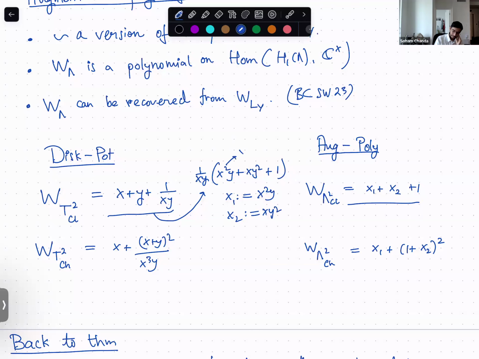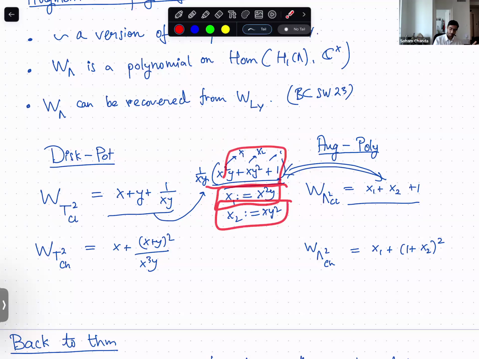Then you see that this is x1, this is x2, and this is 1. So the thing sitting inside here is exactly equal to this. There is a general formula: take some coefficient common, do this algebra and some change of variables, and you get the augmentation polynomial.